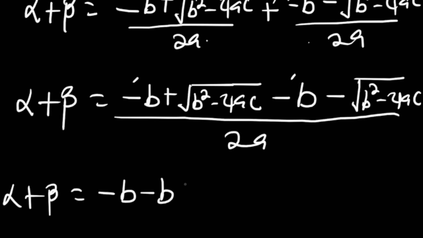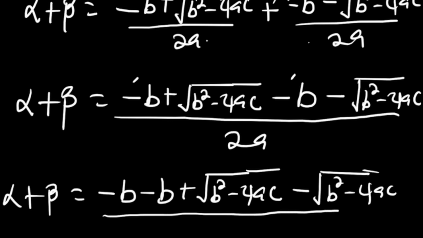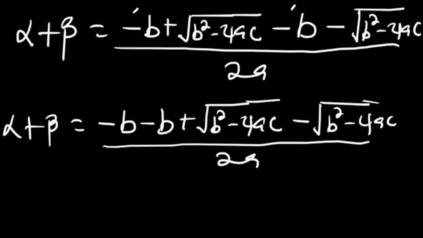We have plus the square root of b squared minus 4ac, and then the next one is minus the square root of b squared minus 4ac, and then all over 2a. Please follow me closely as we solve this very problem.